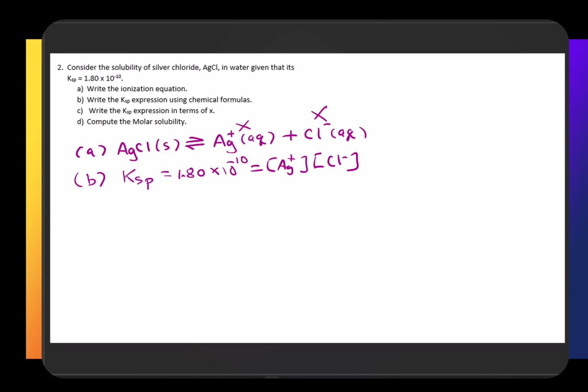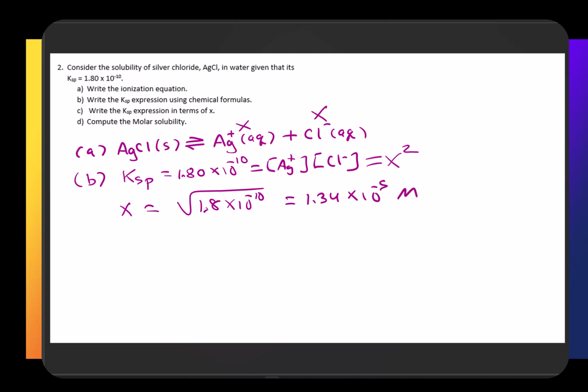Let X be the solubility of the silver chloride. It's going to be equal to the measured dissolved silver ion or chloride ion concentrations. If X is the silver ion concentration, it also represents chloride, so we get X times X, or X squared. X is going to be the positive square root of the KSP, which is 1.34 times 10 to the -5 molar.